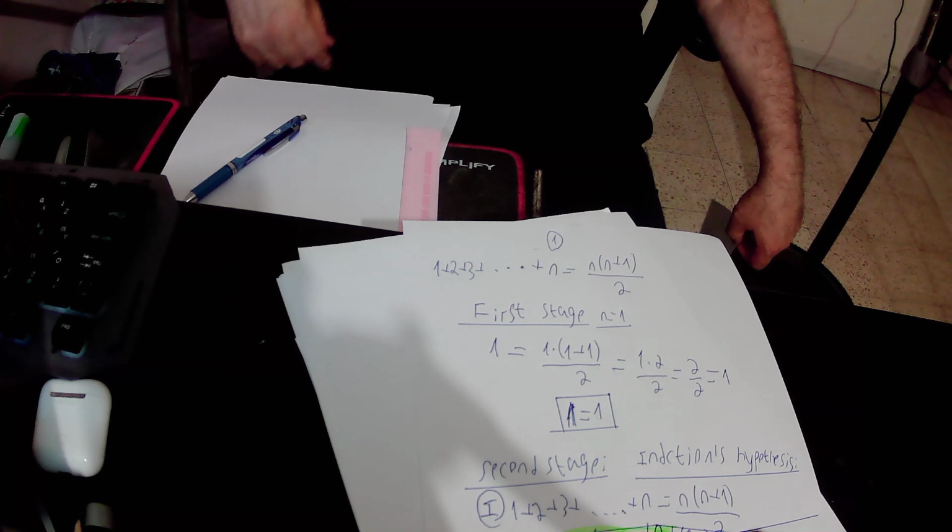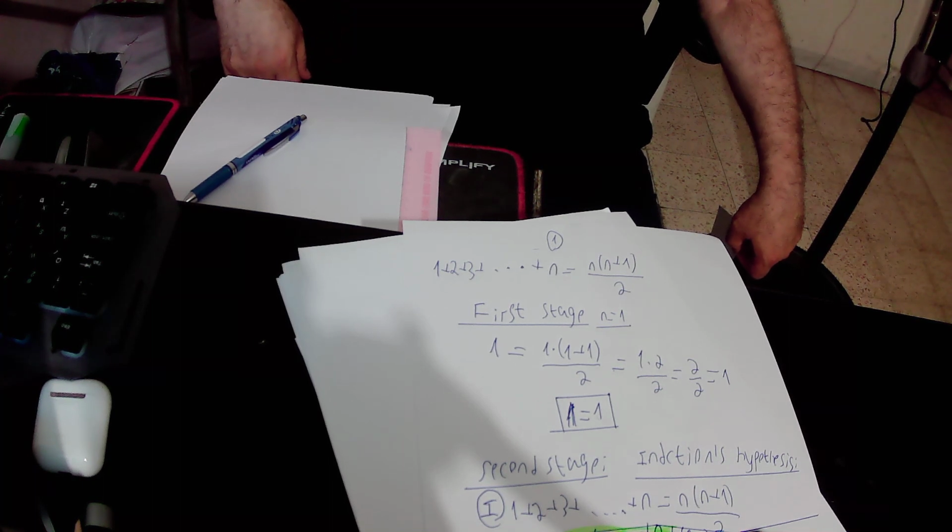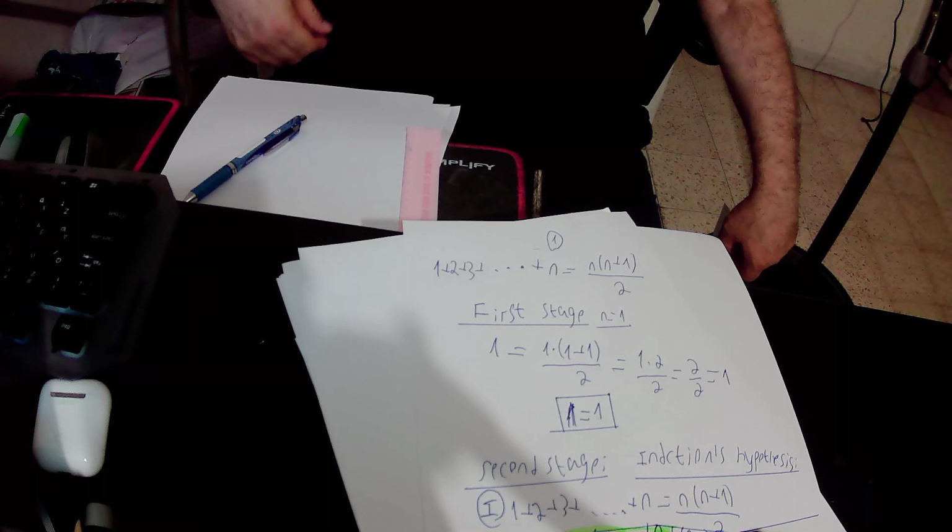Why? Because we proved it for n that equals to 1 in the first stage, and then in the second stage we proved that if it is true for n, it must be true for n plus 1.